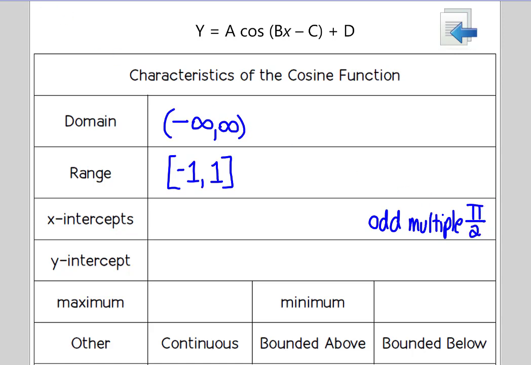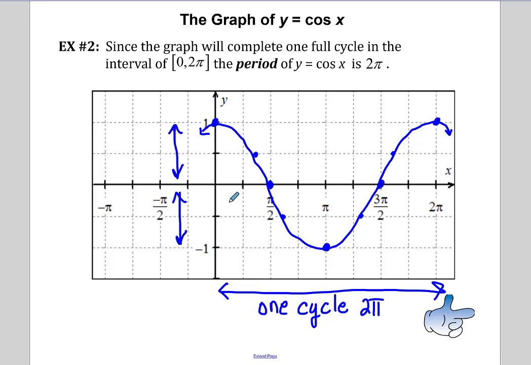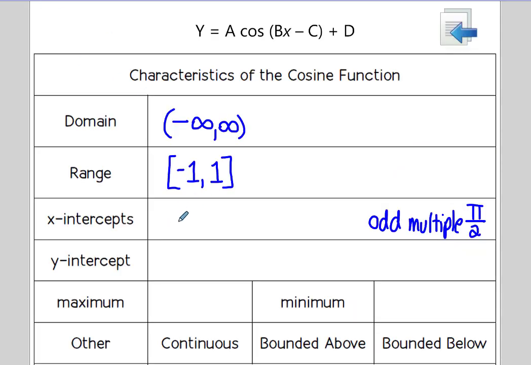If we go back, you can see that you're going to have an x-intercept at pi over 2, 3 pi over 2, 5 pi over 2, 7 pi over 2, and so on. To write that as a pattern, we would have pi over 2 plus pi times k, and if k is 0, then the first one's pi over 2. If k is 1, then the next one is 3 pi over 2, and so on. K belongs to the set of integers.